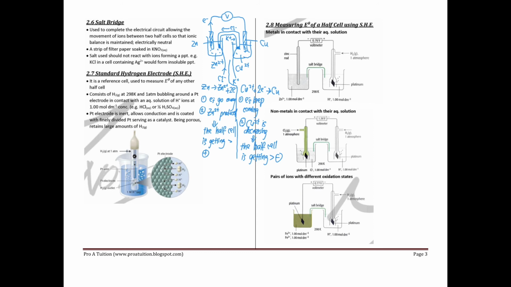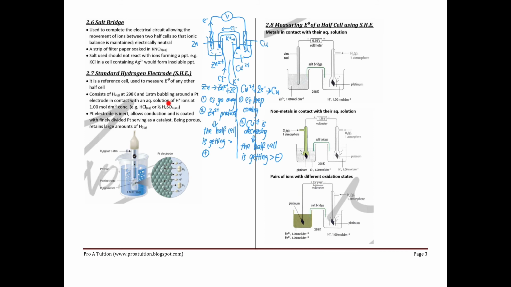Okay, now let's see. It fulfills the standard conditions. So the second point: it consists of hydrogen gas at 298 Kelvin. This is the room condition. 1 atm, bubbling around a platinum electrode in contact with an aqueous solution of H+ ion at 1 mole per dm cube concentration. So for example, if you are using HCl, then your concentration has to be 1 mole per dm cube.